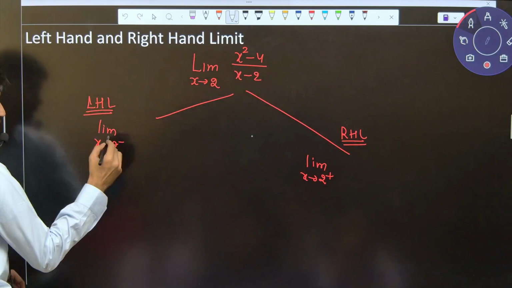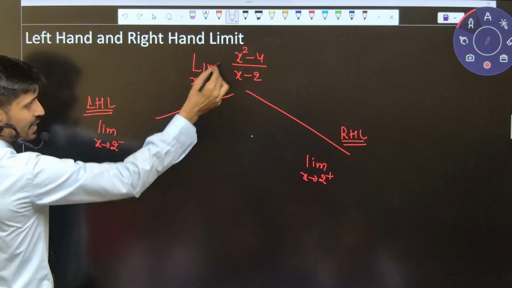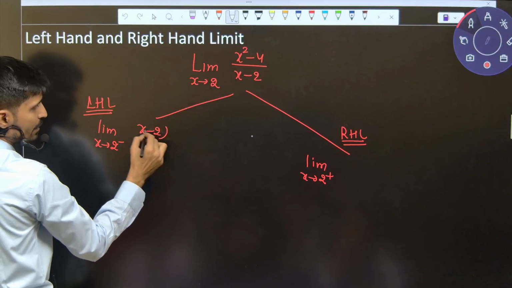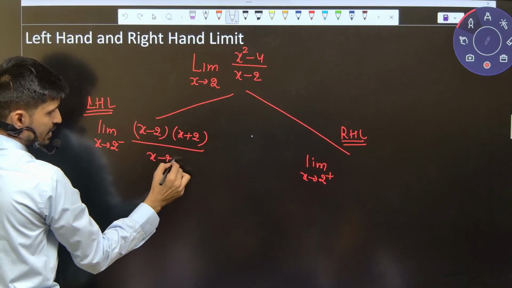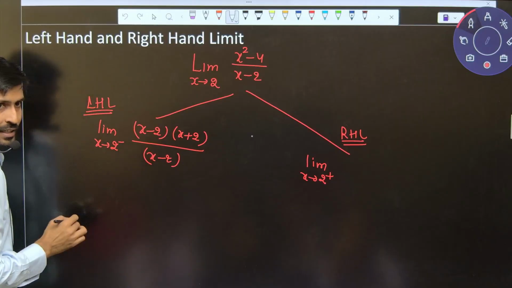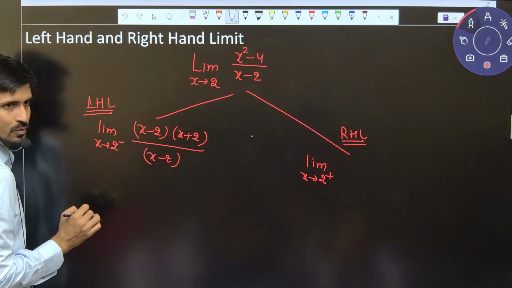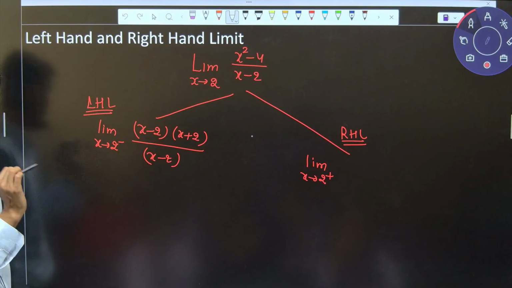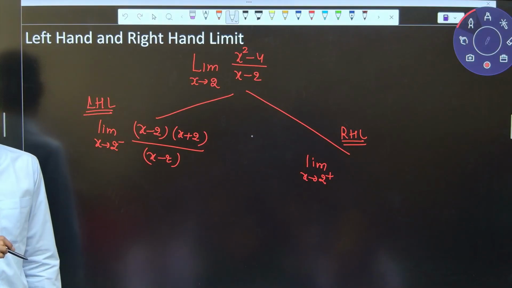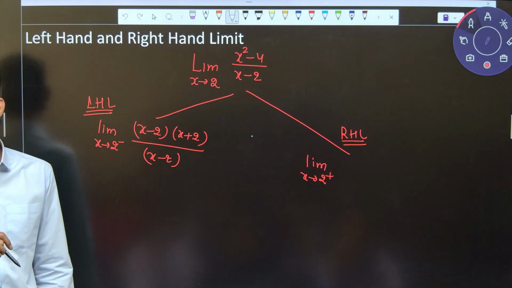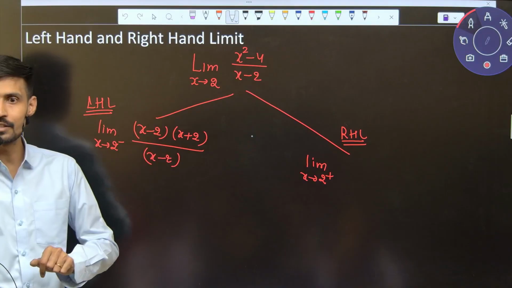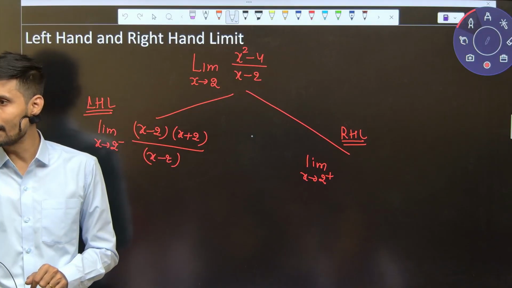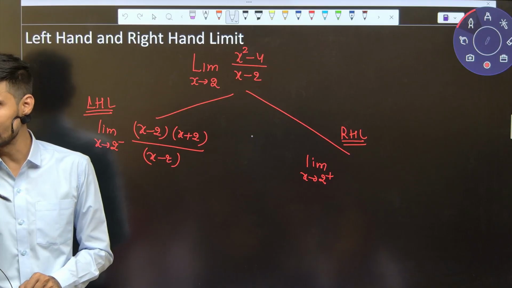Now I am going to solve this. Limit x tends to 2 minus, and I will write x square minus 4 as x minus 2 into x plus 2 upon x minus 2. Now I am going to put 2 minus. Tell me, 2 minus minus 2. 0 minus. 2 minus is 1.99999, so 1.9999999 minus 2 will be minus 0.00001, and that is 0 minus.